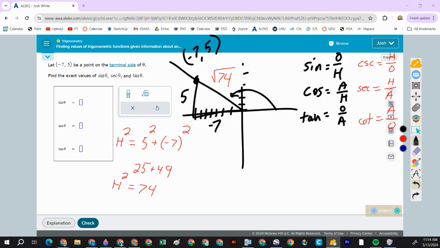Does that make sense? So what is the sine of theta? Well, sine is going to be O over h, 5 over root 74. Okay? And secant is going to be h over a, root 74 over negative 7. Tangent is going to be O over A, so 5 over negative 7.